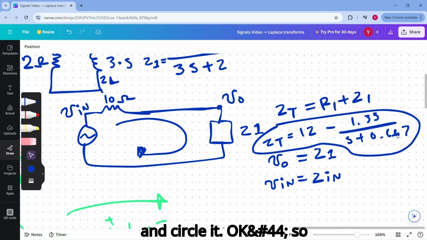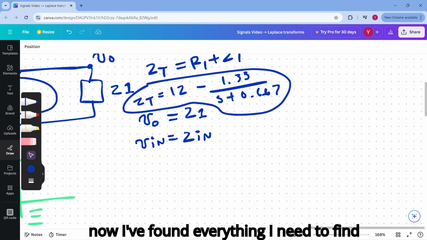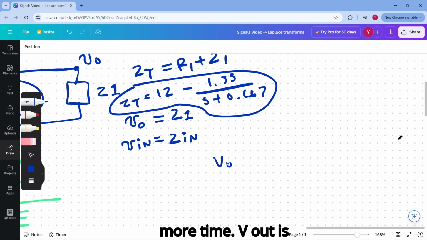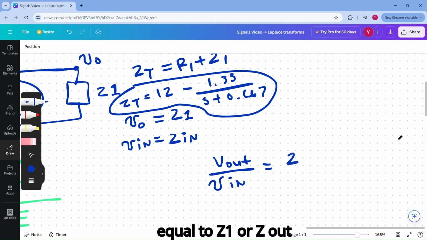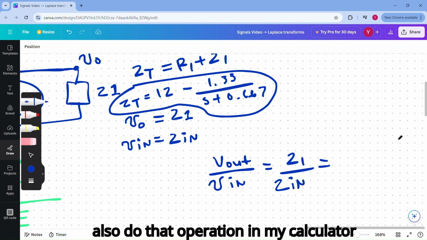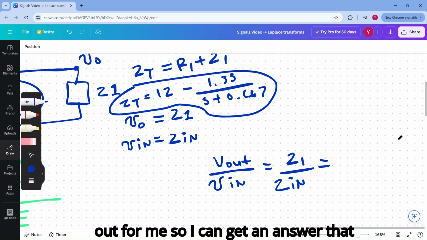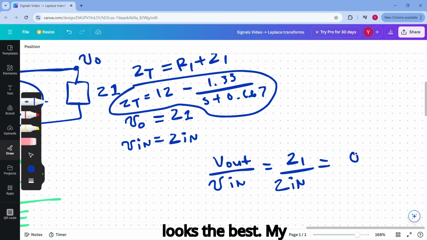Okay. So now I found everything I need to find, and I'm going to rewrite that ratio one more time. Vout over Vin is equal to Z1, or Zout, over Zin. I'm going to also do that operation in my calculator, and then I'm going to have it factor it out for me so I can get an answer that looks the best.